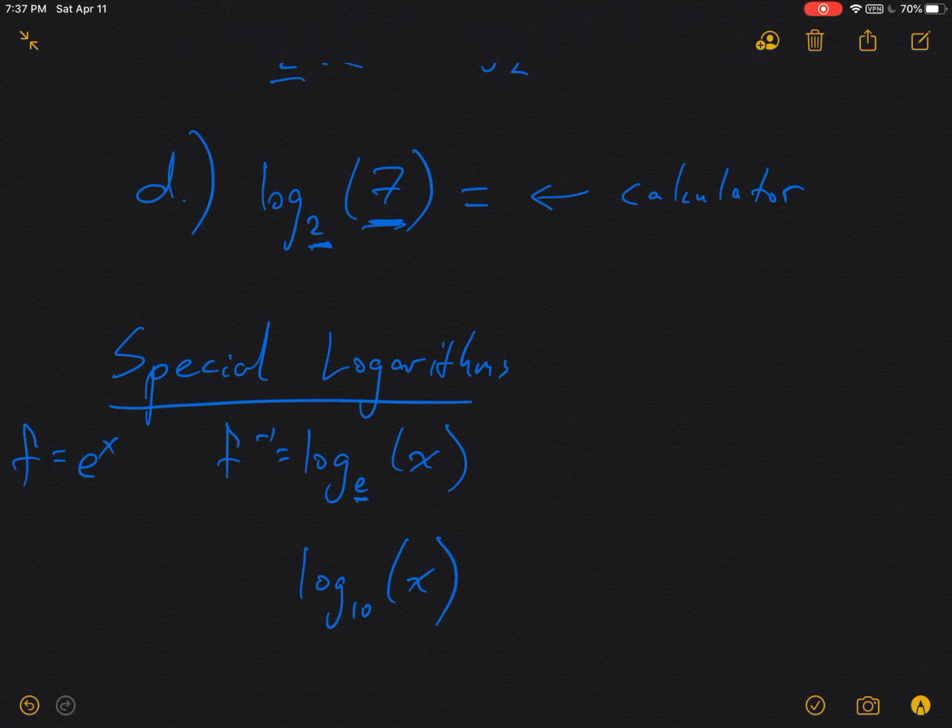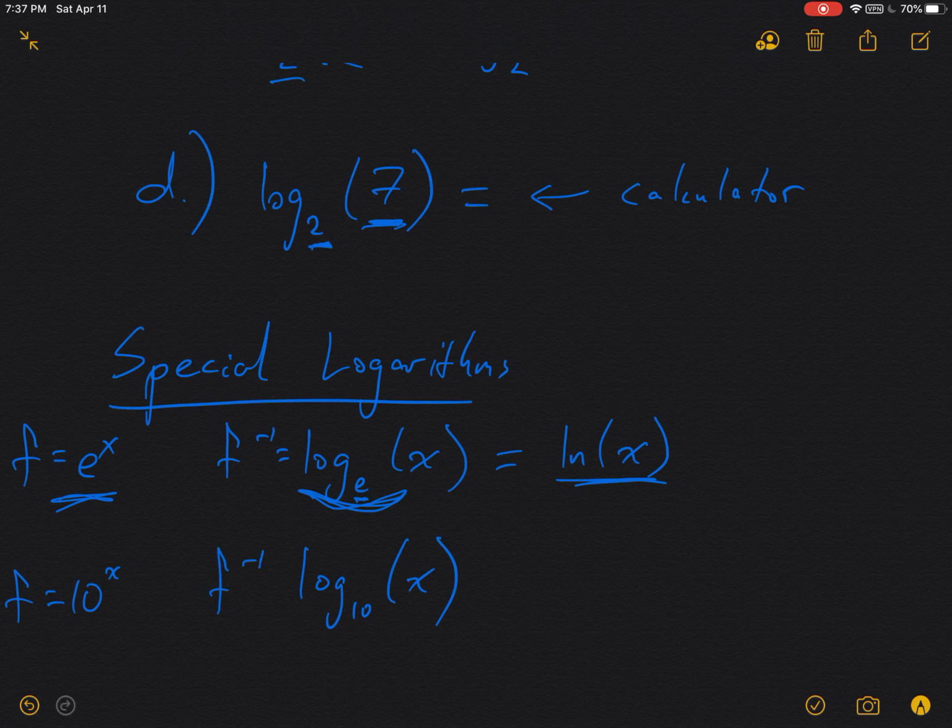So if f is equal to e to the x, then f inverse would be log base e of x. But we normally abbreviate log base e of x as the natural logarithm of x. So if you see ln of x, that's defined to be the inverse function of e to the x. You could write it this way, but ordinarily we would just write it as ln of x.